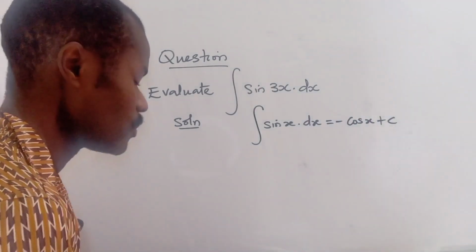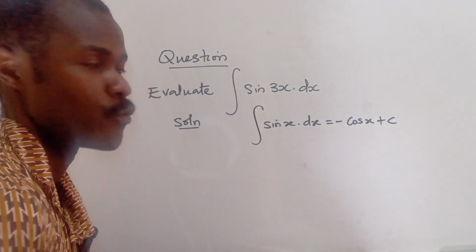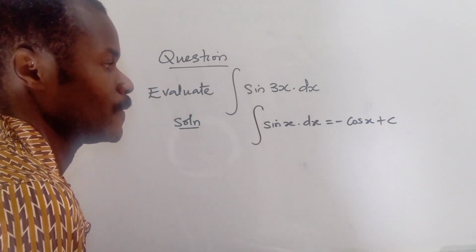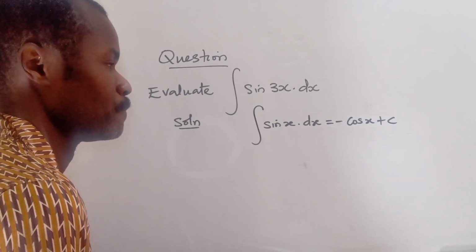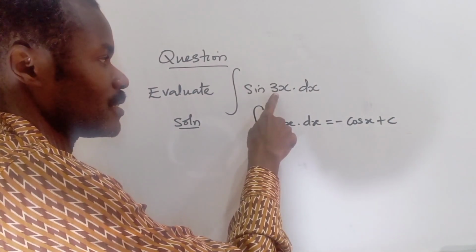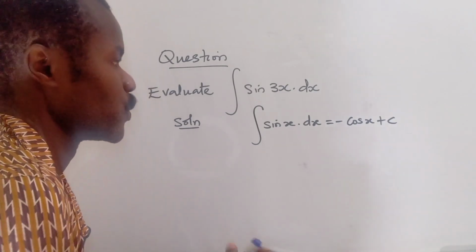plus C. So for us to be able to solve this, we can represent 3x with u.